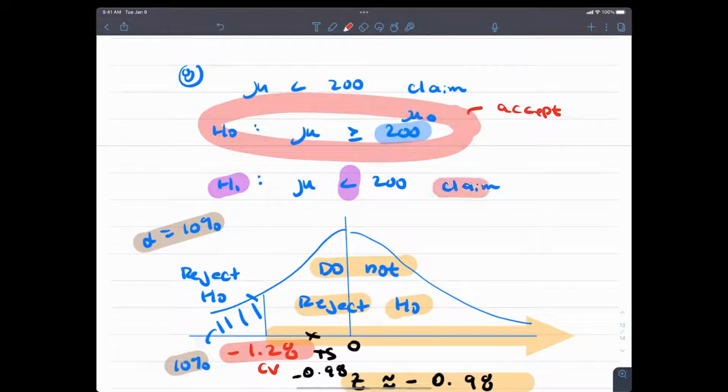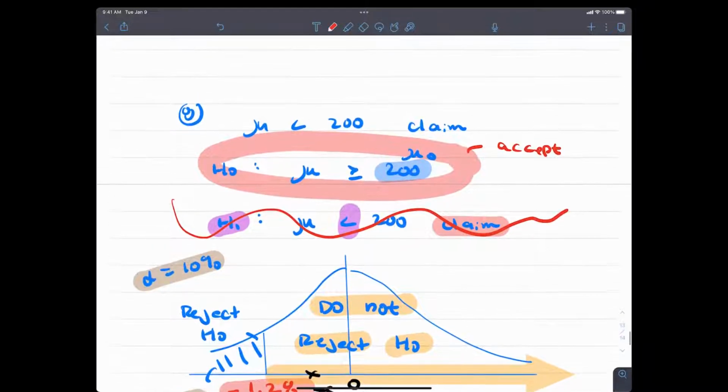The claim is it was less than that. So, ladies and gentlemen, here's what we can say. We're accepting the null, but we have to reject the alternate. And in conclusion, we simply say the sample does not support the claim because we rejected the claim.